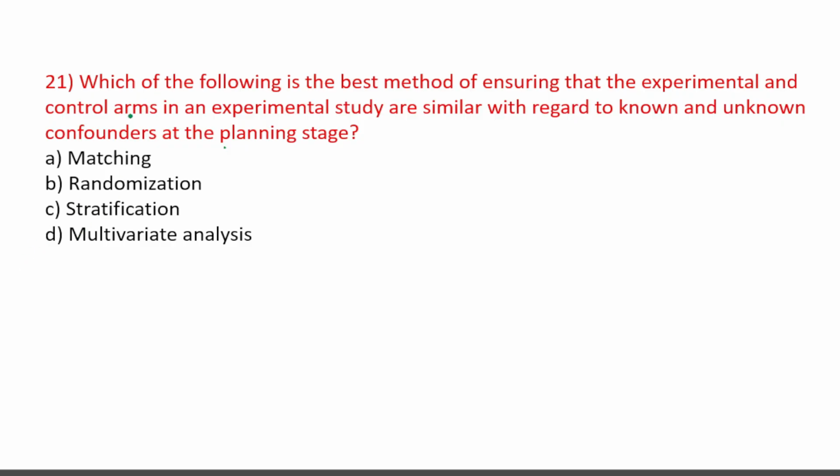Let us see the question again. Which of the following is the best method, they are asking, of ensuring that the experimental and control arms in an experimental study are similar with regard to known and unknown confounders at the planning stage. So what is the answer for this question?